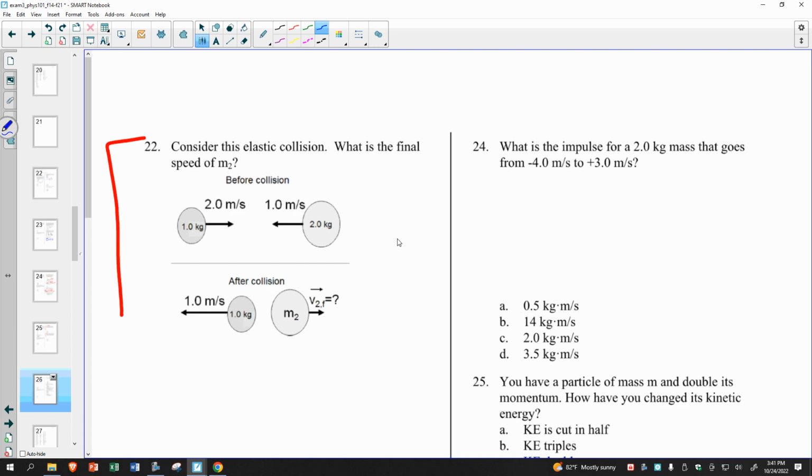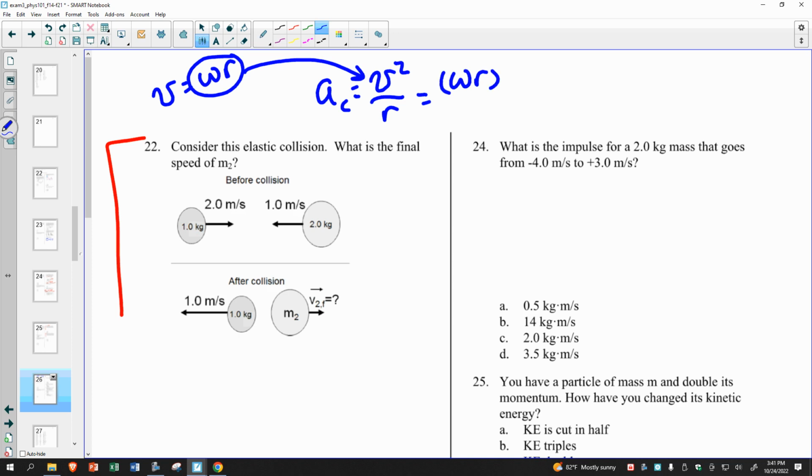Somebody asked me a question. Y'all can ask, how does v squared over r also equal omega squared times r? Good question, actually. So the centripetal acceleration is equal to v squared over r. But remember that v is equal to omega r. So I can substitute this in for v squared. And so I get omega r squared over r, which is equal to omega squared times r.